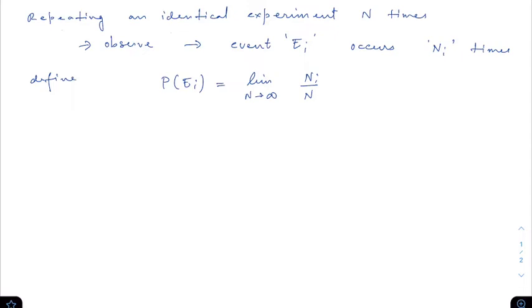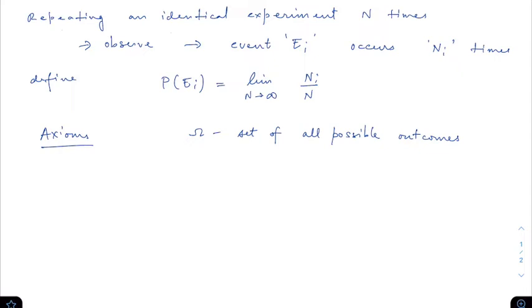Now, probability should satisfy some properties, so we'll need to define some axioms. Before defining the axioms, let me mention that the set of all possible outcomes for any experiment, we'll refer to using this symbol, capital Omega.